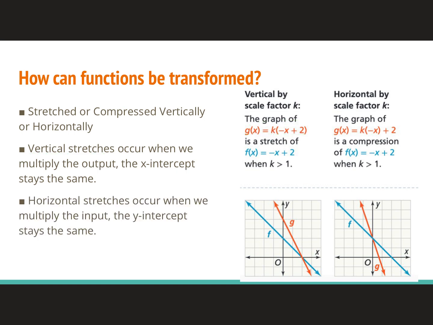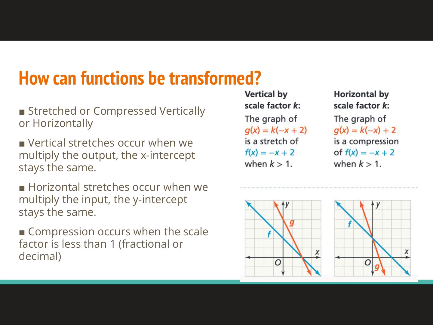Horizontal stretches occur when we multiply the input. That is how you see here where we're just multiplying our x value, our input. And in this case, the y-intercept stays the same. So compression occurs when the scale factor is less than 1.